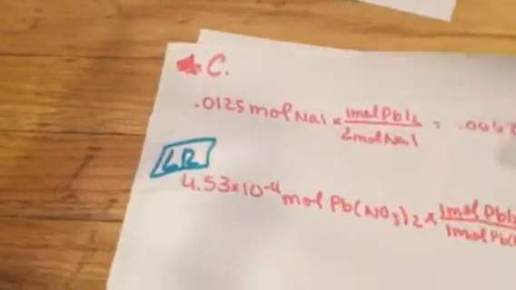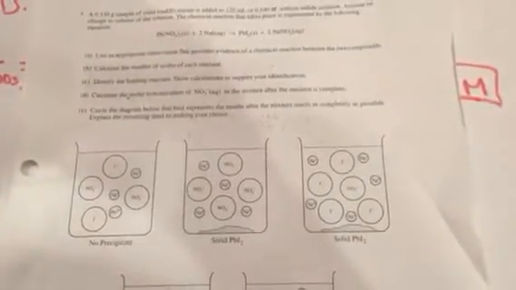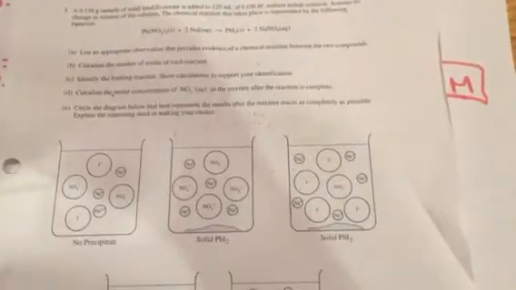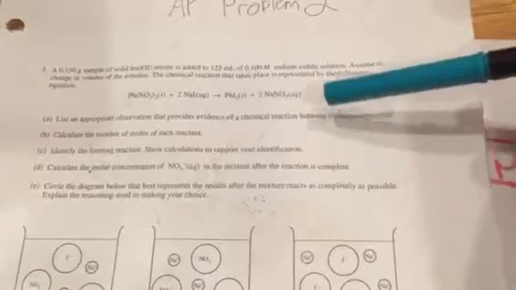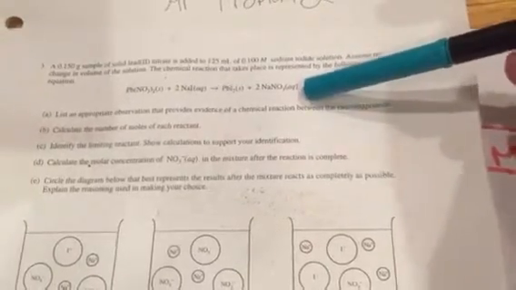Alright, so now let's look at part D, which asks us, calculate the molar concentration of NO3- in the mixture after the reaction is complete. So after the reaction is complete, NO3 ends up over here in an aqueous compound.